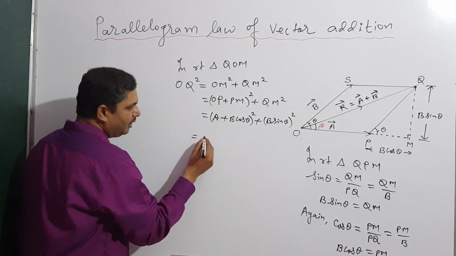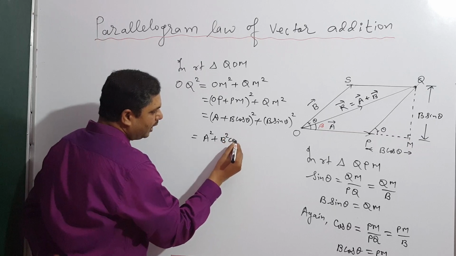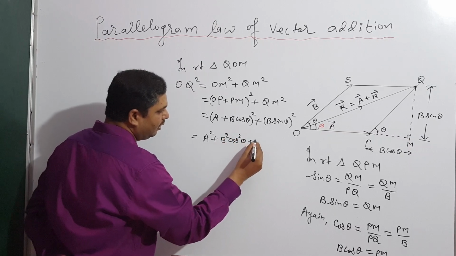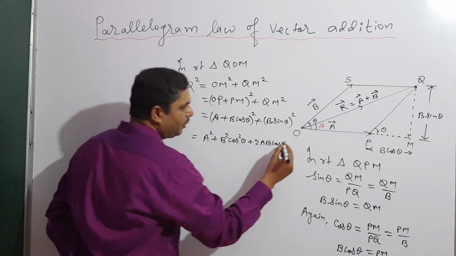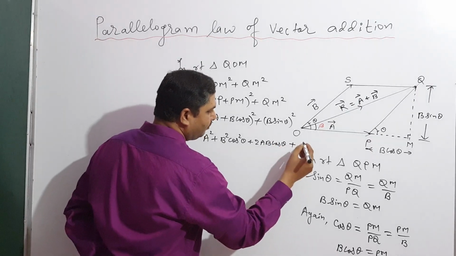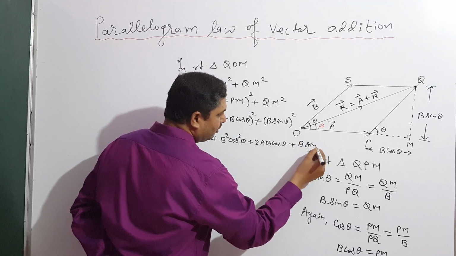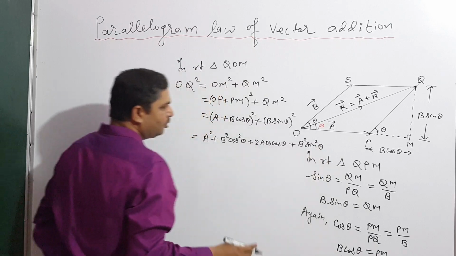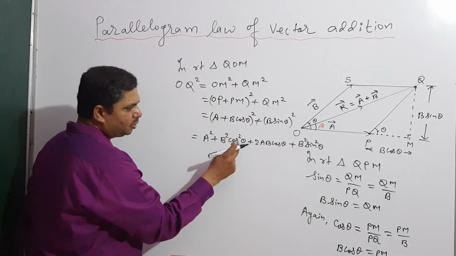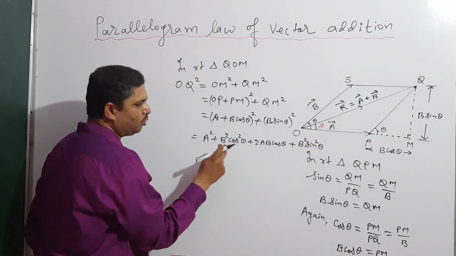So you have A square plus B square cos square theta plus 2AB cos theta plus B square sine square theta. Now here B square cos square theta and B square sin square theta have a common term, B square.